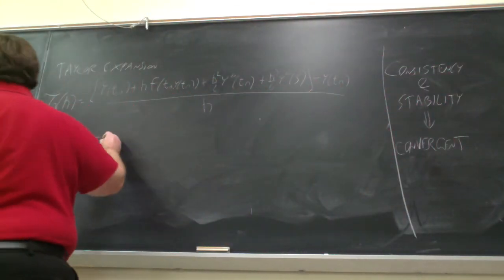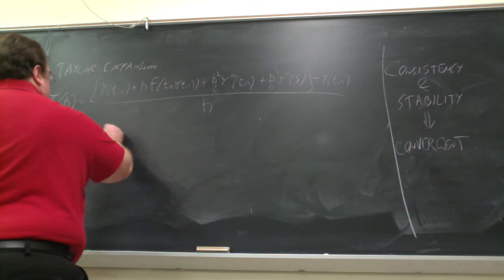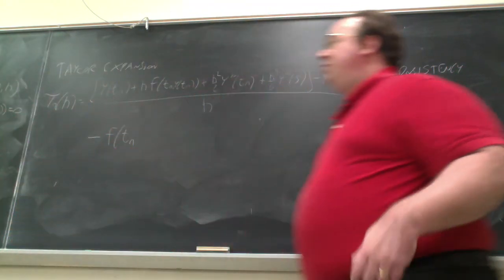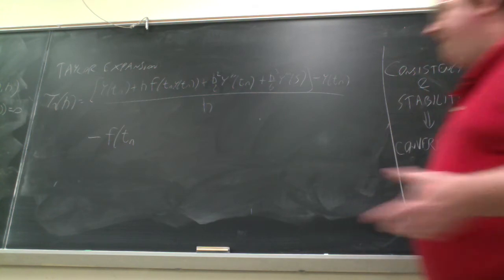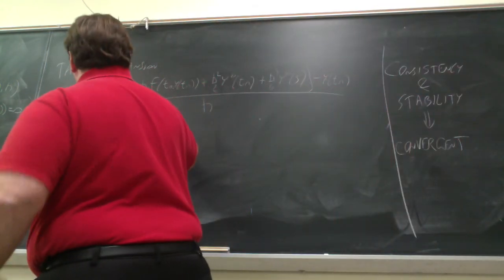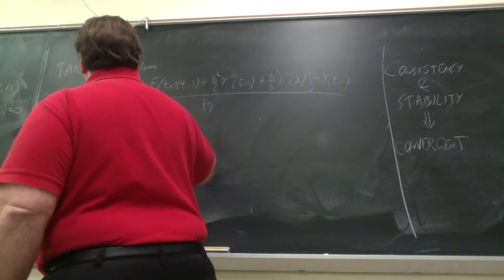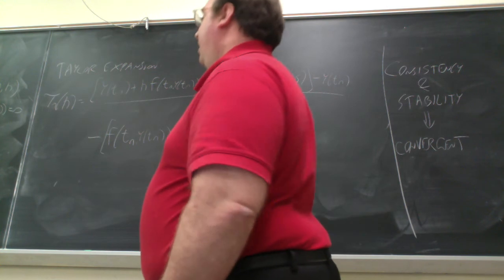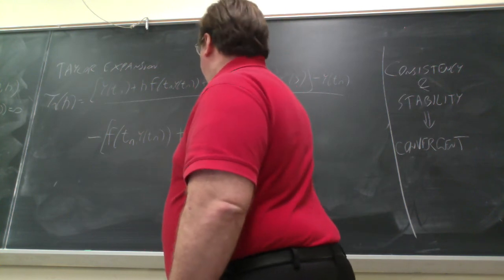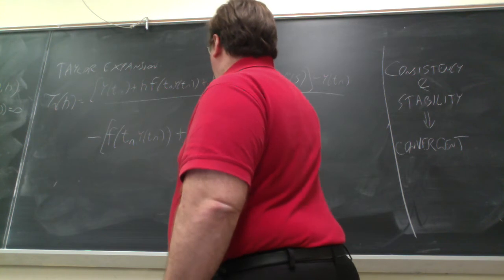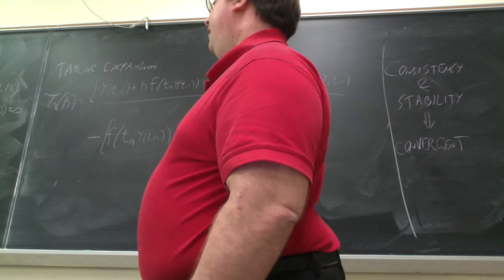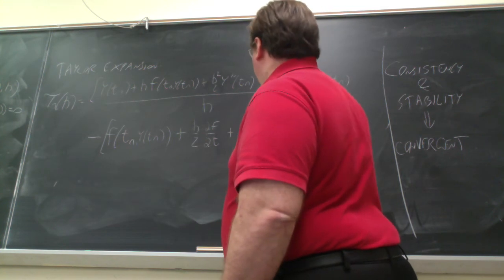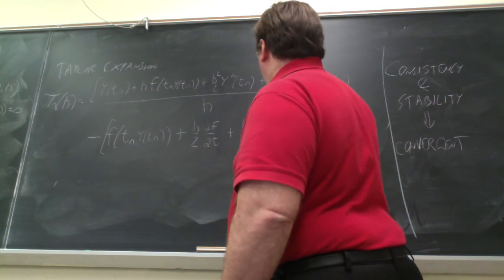minus the phi for this method. So minus, in this case, the midpoint method, f of, and now the f part, I have to do a multivariable Taylor expansion of that. That's going to get ugly. So I have f of tn yn plus h over 2 partial f with respect to t plus h over 2 fn times partial of f with respect to y.